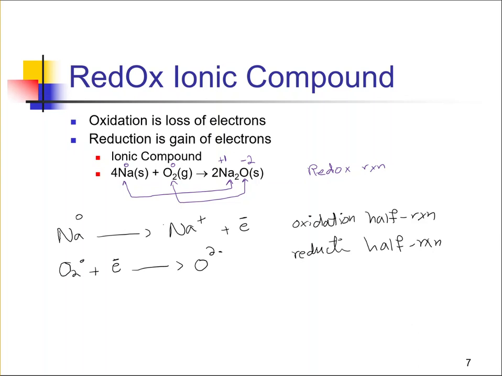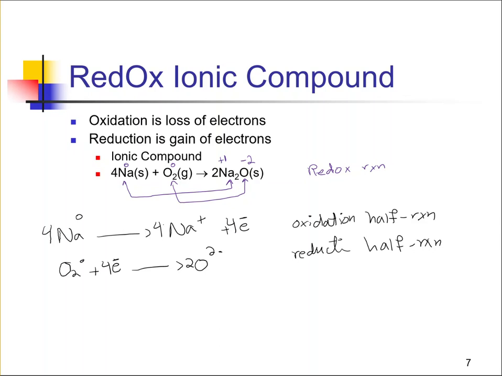Now, our oxidation and reduction half reactions need to be balanced too, meaning that the total number of electrons transferred has to be the same. So we have 4 sodium and 4 electrons, and we have 4 electrons here. That gives us 2 O2-.